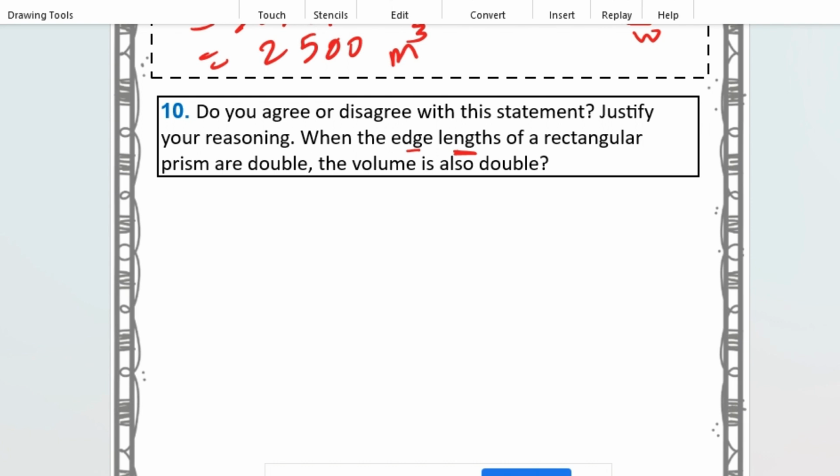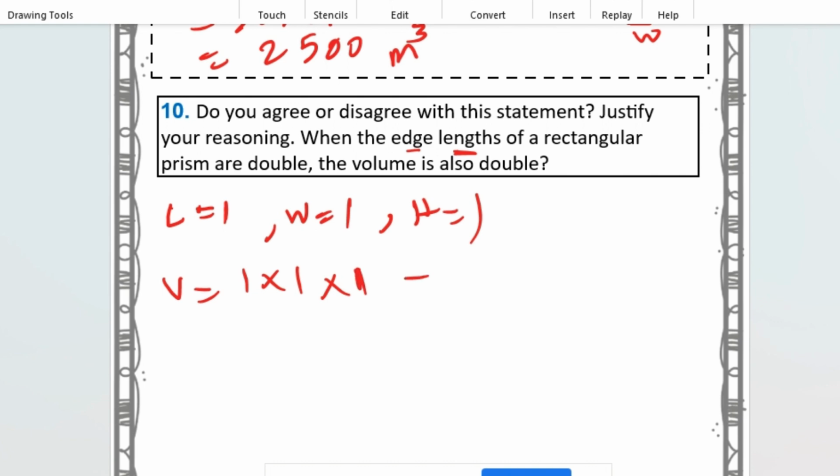So let's just assume that the L is 1, the W is 1 and the height is 1. So let's calculate the volume. The volume here will be 1 times 1 times 1.